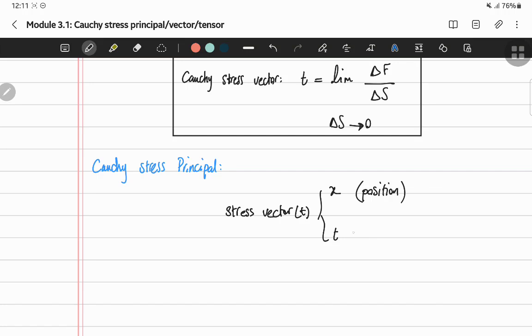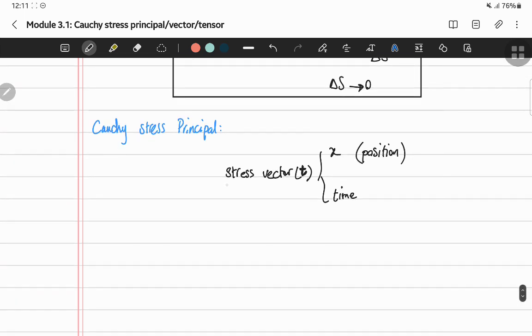This is a vector, so boldface T, the stress vector at a position like point P. So we have x, we have a position, and we have a time, whether we are in a current configuration or reference configuration, or maybe a configuration in the middle, because we can put an infinite number of configurations between the reference and the current configuration.